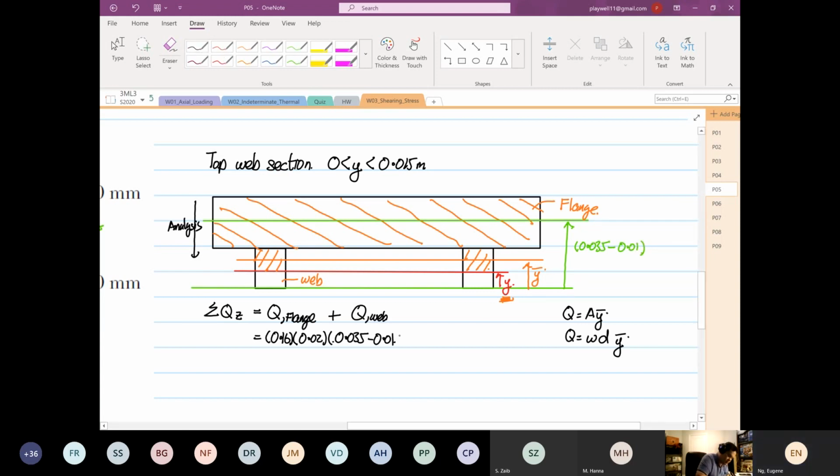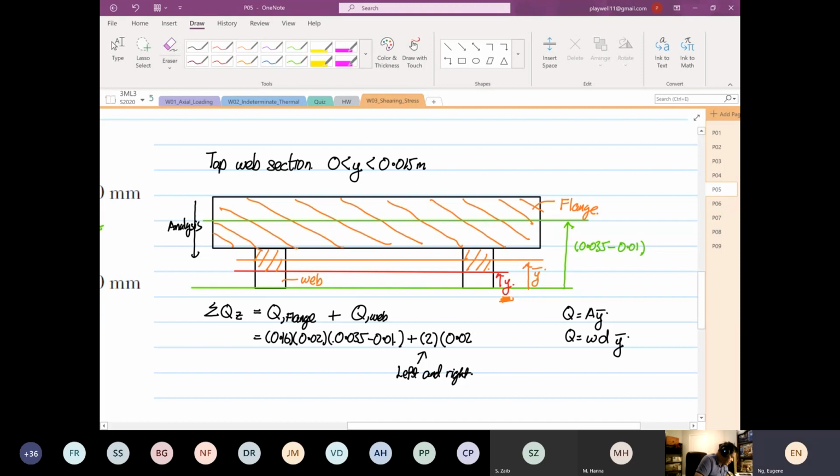And then plus the web. So the web, we have to consider 2. Why 2? Because you have left and right. Then the area, the width is equal to 0.03. The width is equal to 0.02.